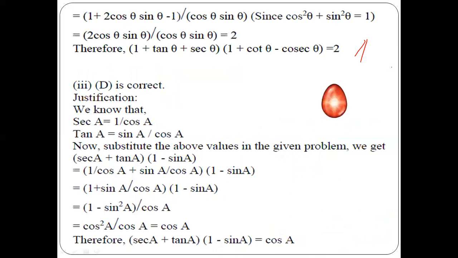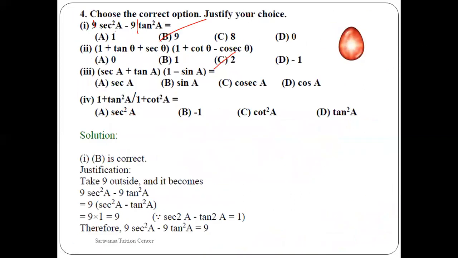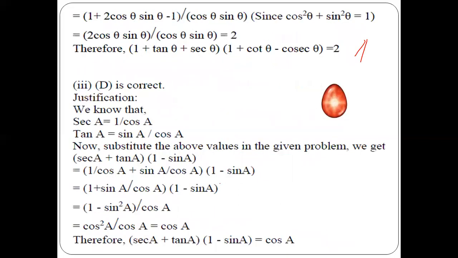Okay, next question. Secant A plus tan A into 1 minus sin A equals what? So, secant A, you know that ulta of cos A. Tan A, sin A by cos A. Now, substitute these two in this.